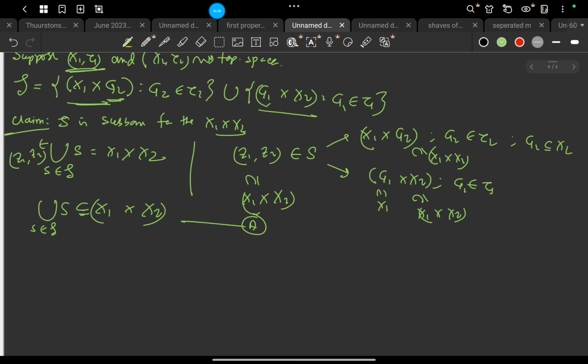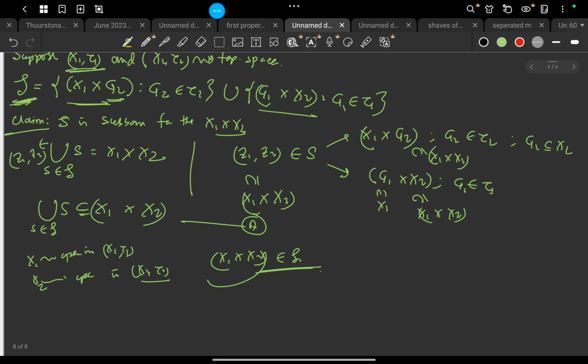Now you see that we have considered this open subbasis, the set of all X1 cross G2, where G2 is in tau 2, that means G2 is open in X2. You know that X1 is open in X1 comma tau 1, and X2 is open in X2 comma tau 2. So X1 cross X2 is itself an element of this set S, so it is of course a subset of the entire union.